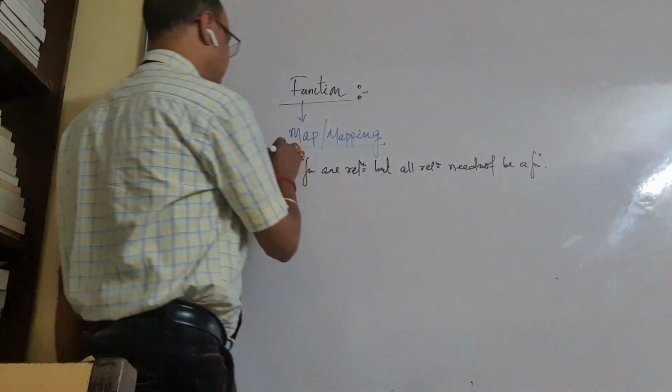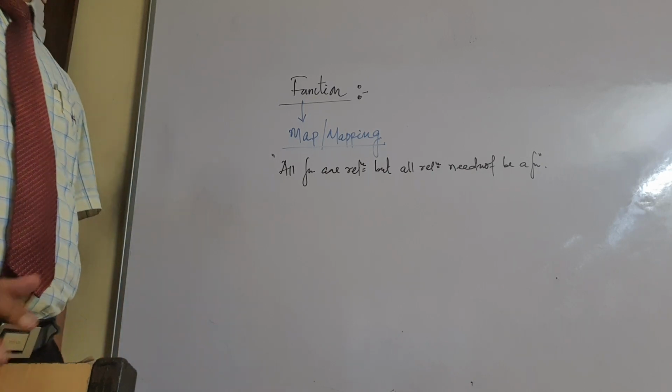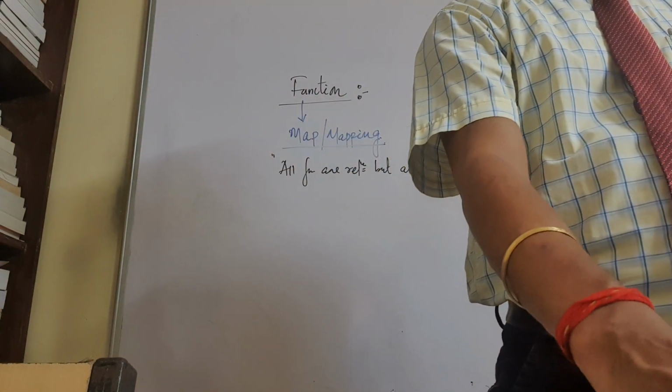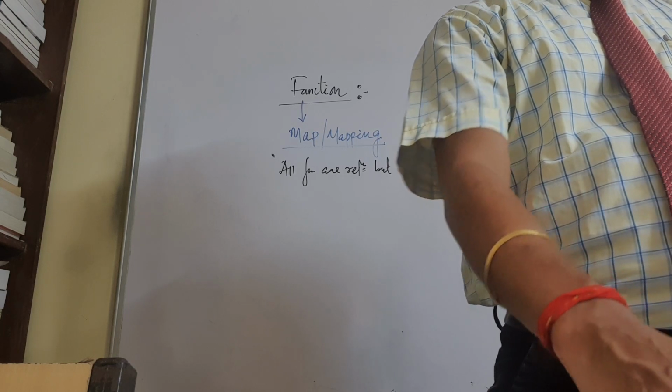This is one of the important points, and if you understand this, then you have a clear cut idea about the definition as well as the difference between relation and function.